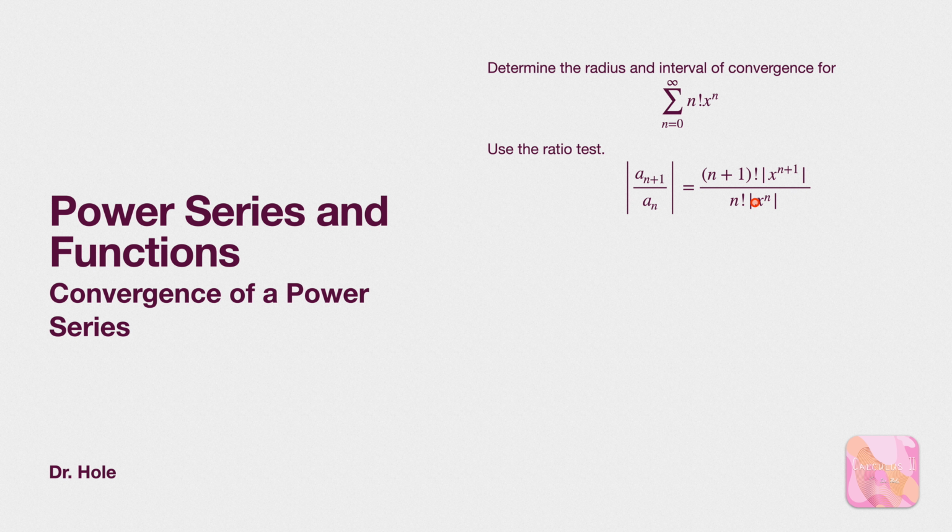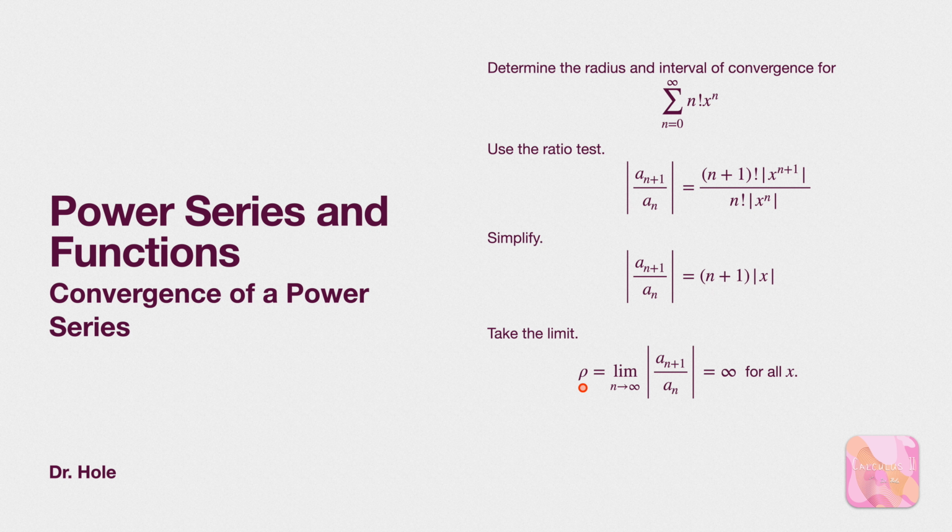And then divide that by the absolute value of the nth term. Make cancellations. We're left with n+1 binomial product with the absolute of x. No matter how small x is, it's not going to be enough to compete with arbitrarily large n's. This then will lead to a rho of infinity. Rho being infinity in the ratio test means that we have divergence for all x's.